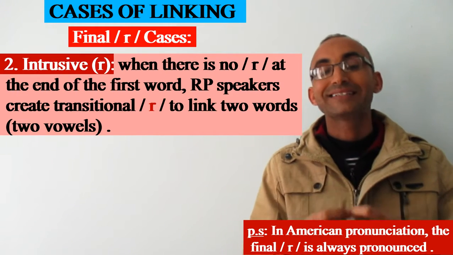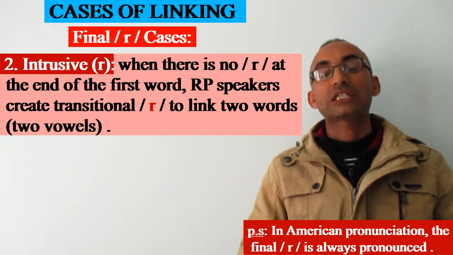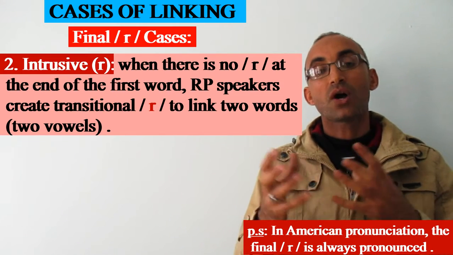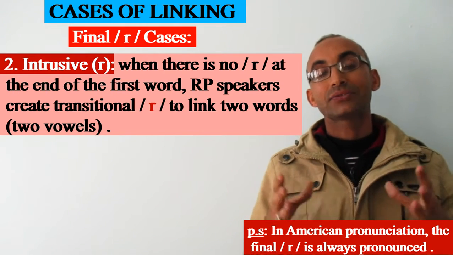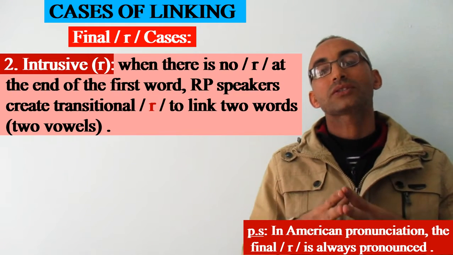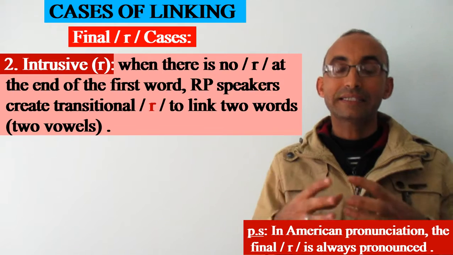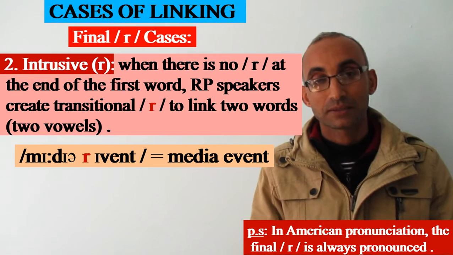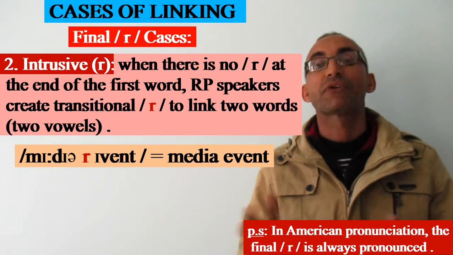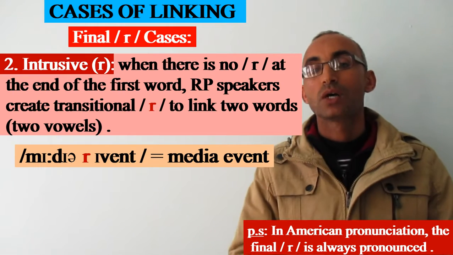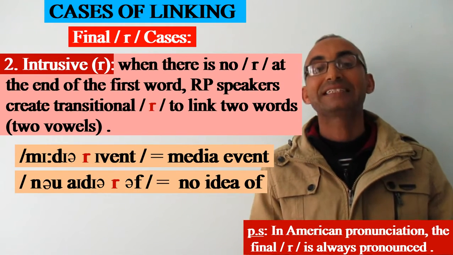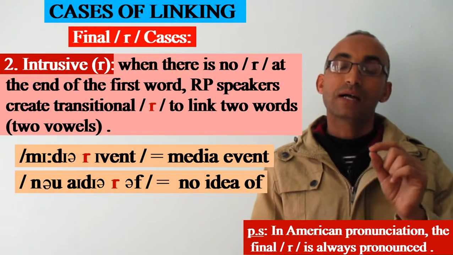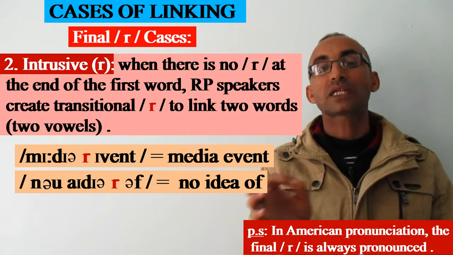So here, this R does not exist at all, but they create it in certain successions of vowels to create that kind of smooth transition and linking the two vowels. For example, "media event" becomes "media-r-event." I add R in the middle between the two vowels. Also, "no idea of," "no idea-r-of." So between A and "of," I put an intrusive R.